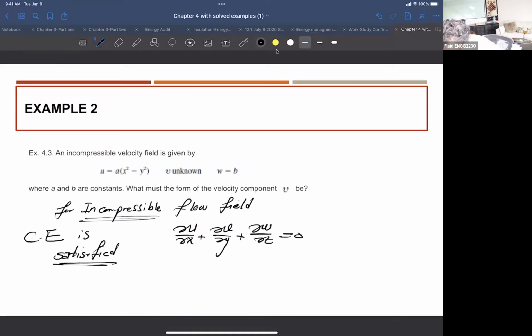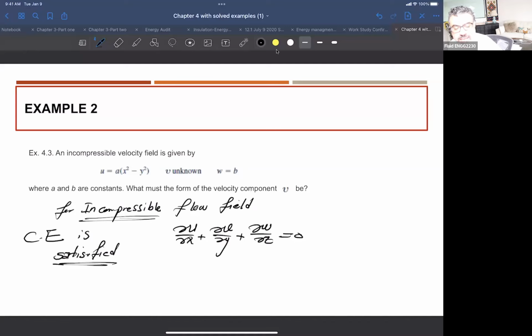So in order to satisfy this equation, what is du by dx? Can you help me with this or keep going? Du by dx is, ax square minus a y square.